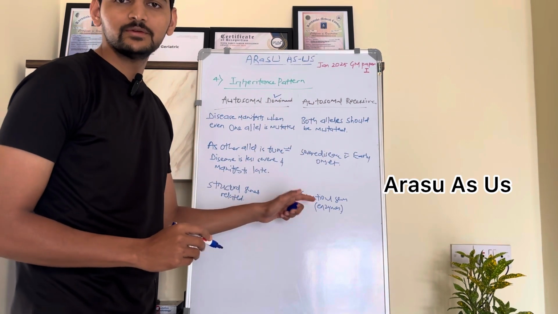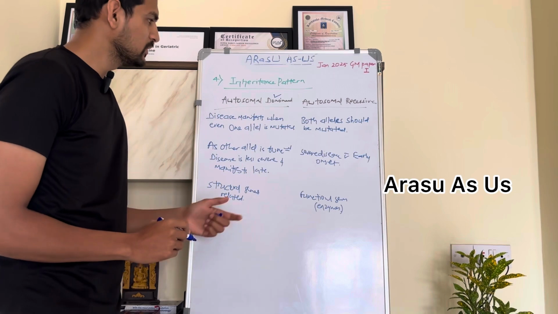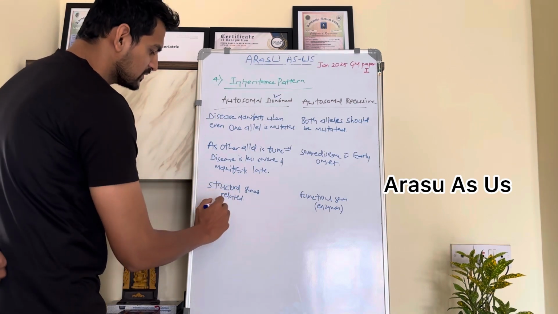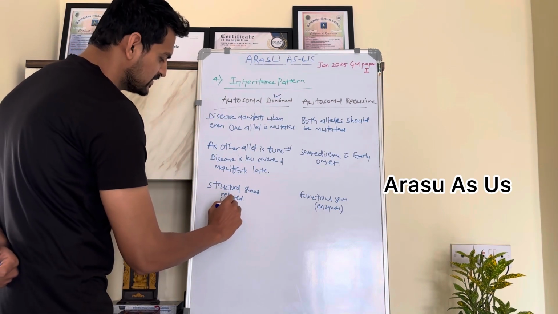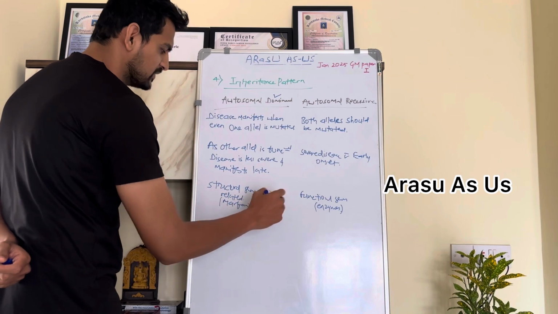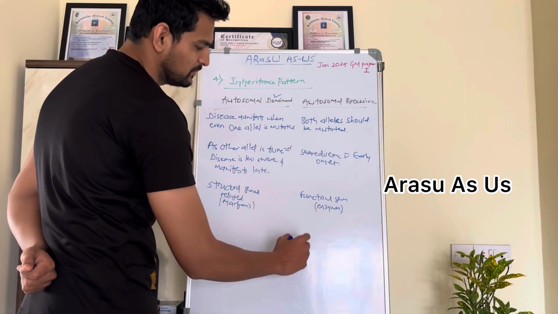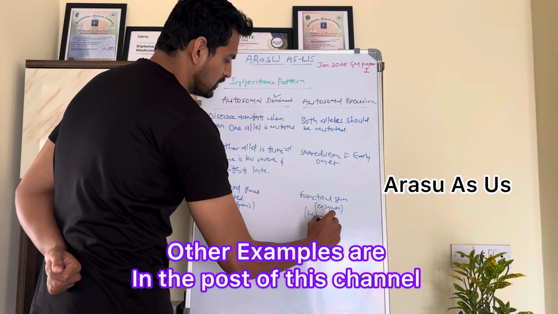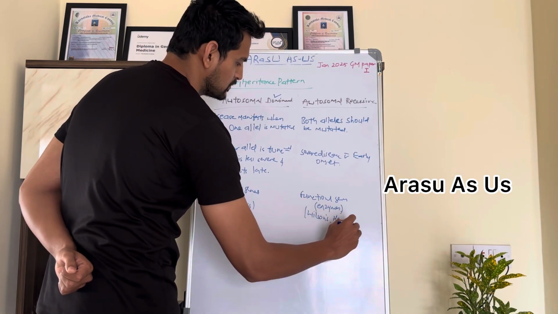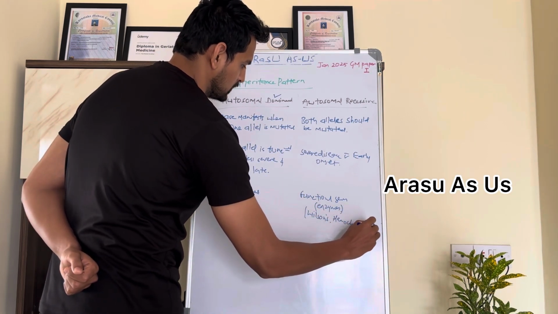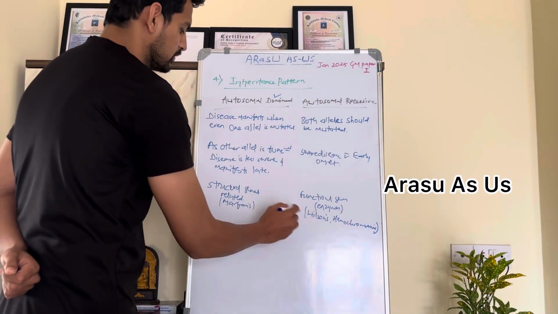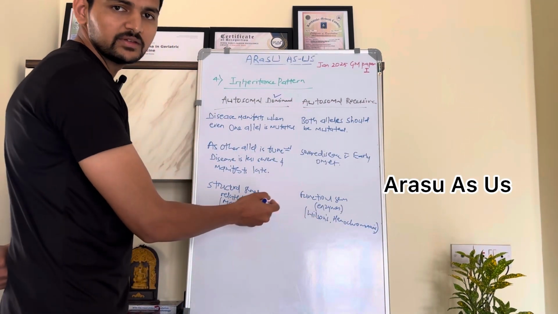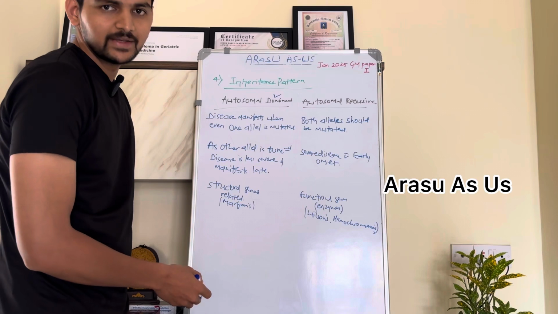That's why autosomal recessive disorders will be more severe. You can just consider an example of Marfan's disease here. And for functional gene mutation, we can consider Wilson's, even hemochromatosis. So you can compare and see the severity of the disease in the given examples.